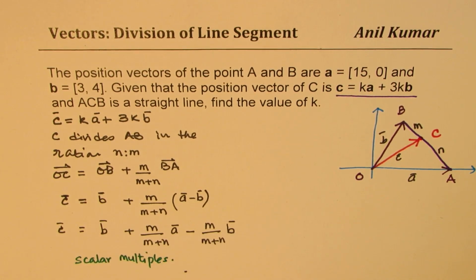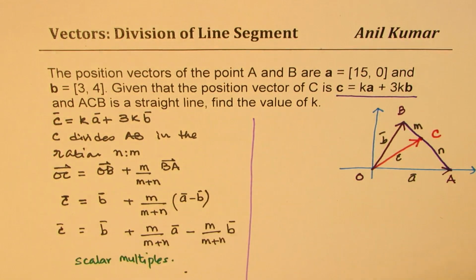As you know, we have scalar multiples, dot product and cross product in vectors, so when I say times, it really means scalar multiple.